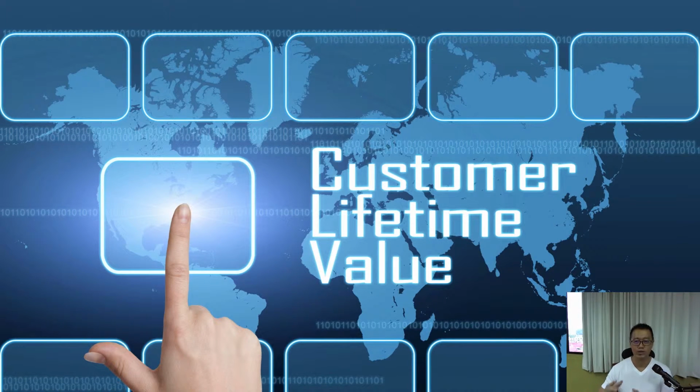We are talking averages here, because some customers may stick with you for a longer time, some for a shorter time, but it's important to find out the average to determine how much you can afford to spend per customer.